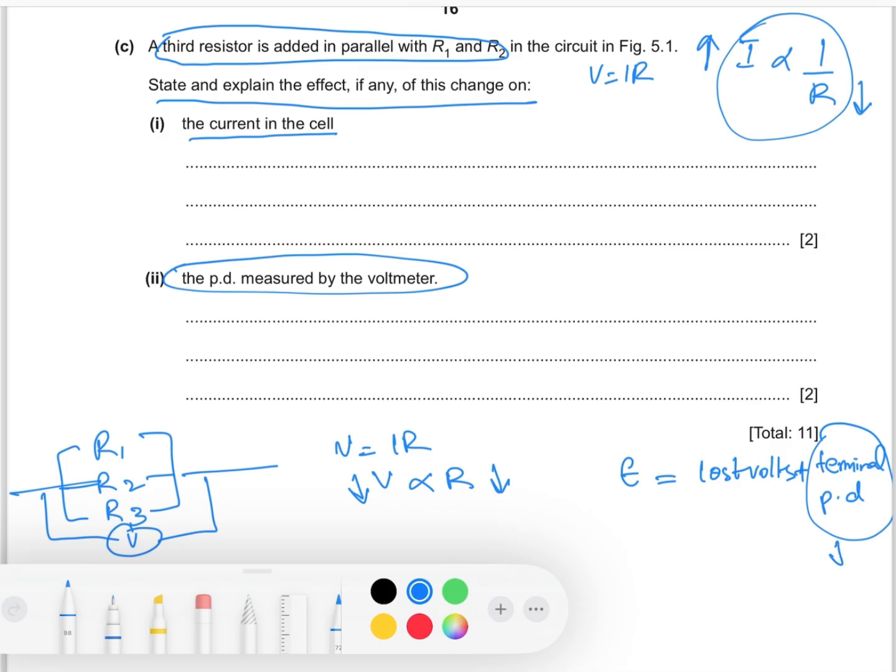If the voltage applied to the resistors decreases and the EMF remains the same, because we are using the same power source, that means the value of lost volts will increase, or the potential difference across the internal resistor will be greater. And therefore, the potential difference measured by the voltmeter, which is the terminal potential difference, will be smaller now.